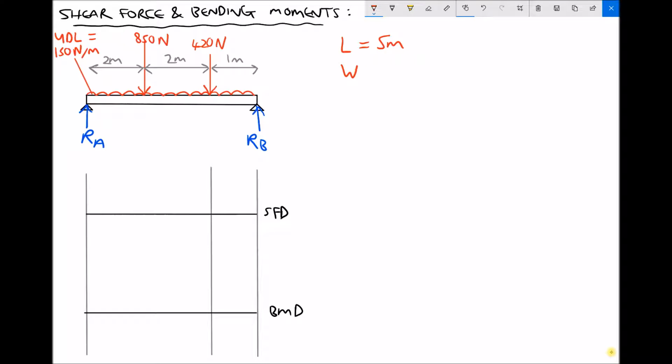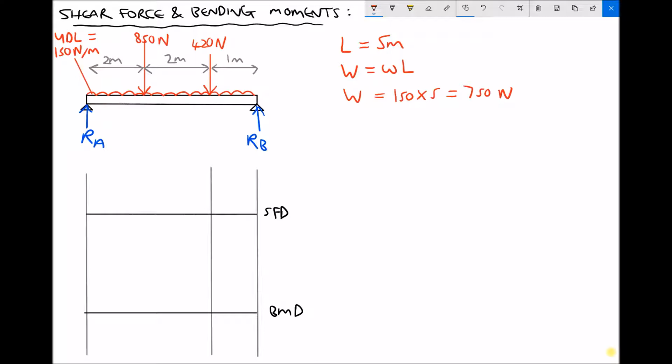Well, the weight of the equivalent point load is going to be the weight per meter times the length of the beam, or the length of the UDL. In this instance, the length of the UDL is the length of the beam because it's distributed across the full length. So what we have is the equivalent point load is going to be 150 times 5, which is 750 newtons.